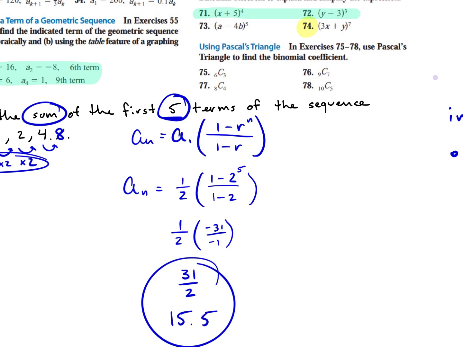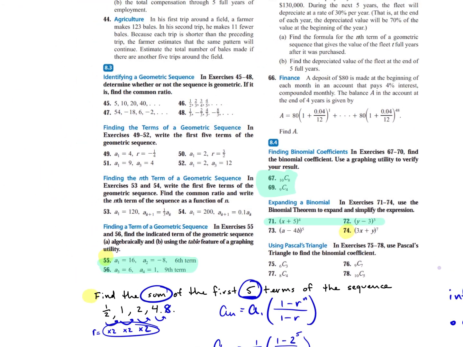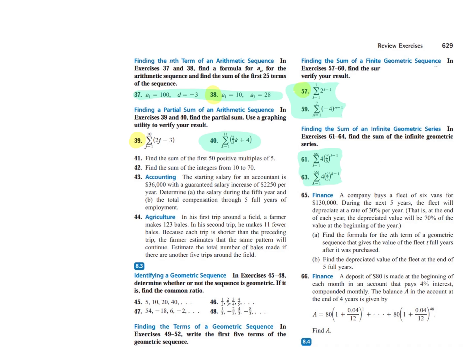The other one is going to have an ending. So here it says find the sum of the first 5 terms. We're just looking for the sum of 5 terms, so it's not infinite. So we just use the finite one.